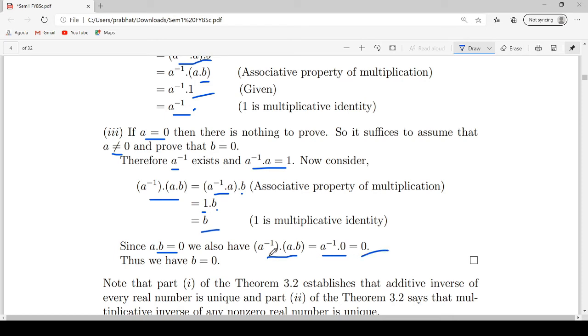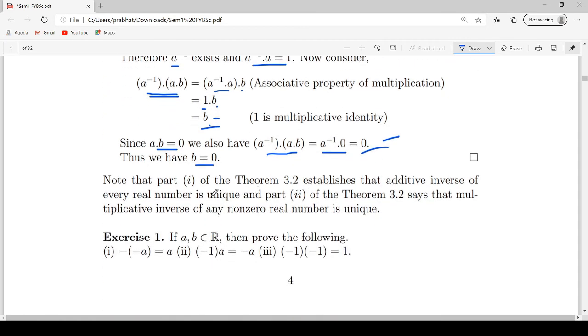So from here you have got A inverse into AB is equal to 0. But here you got A inverse into AB is equal to B. Therefore you can say B is equal to 0. And that proves either A is 0 or B is 0 if A dot B is equal to 0.